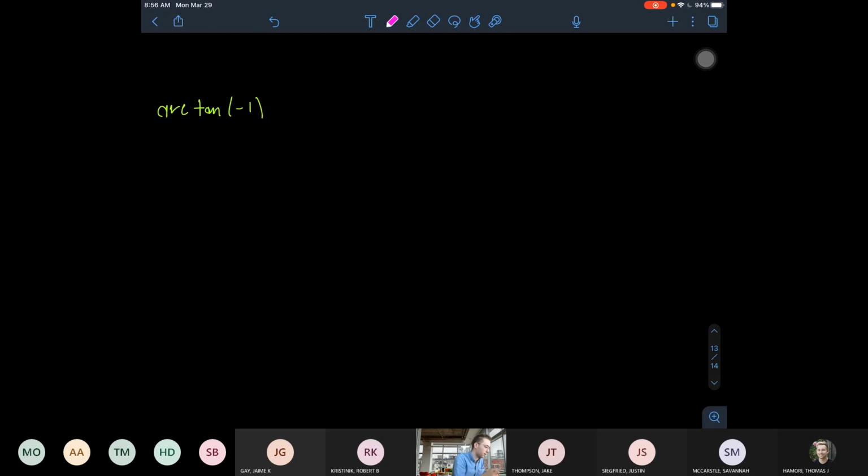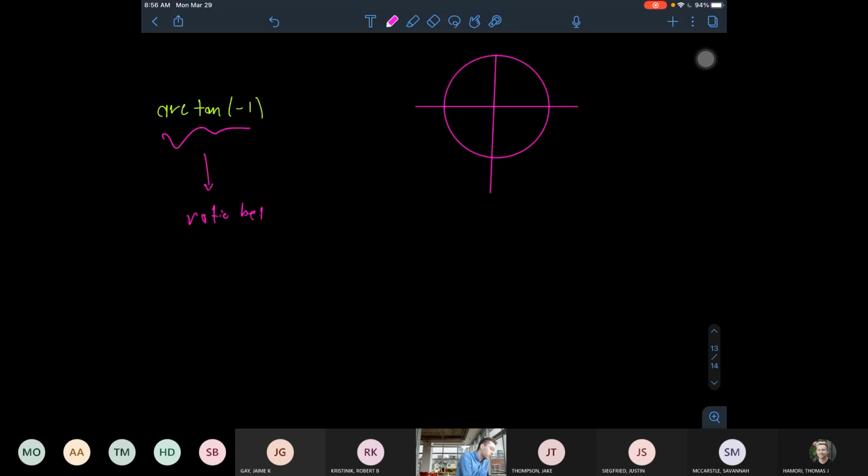Okay, let's do this last one here. Arctangent of -1. Okay, so what do we want? We want the following. This is telling us that the ratio between y and x is -1.